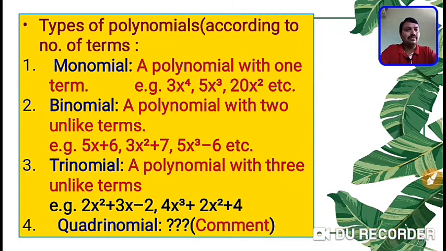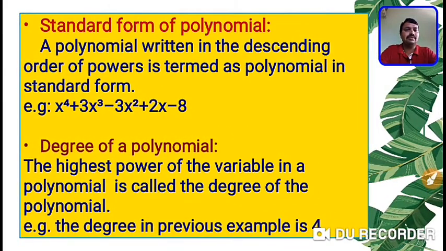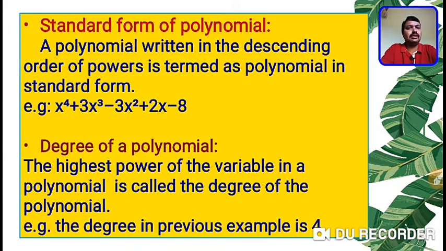Next we have the standard form of a polynomial. Now see, what is the standard form? A polynomial written in the descending order of powers is termed a polynomial in standard form. For example, x raised to power 4 plus 3x cubed minus 3x squared plus 2x minus 8.